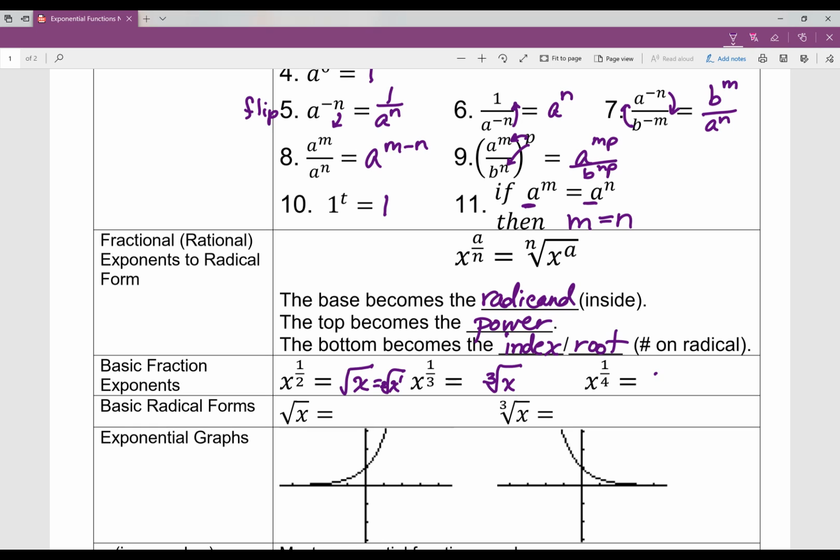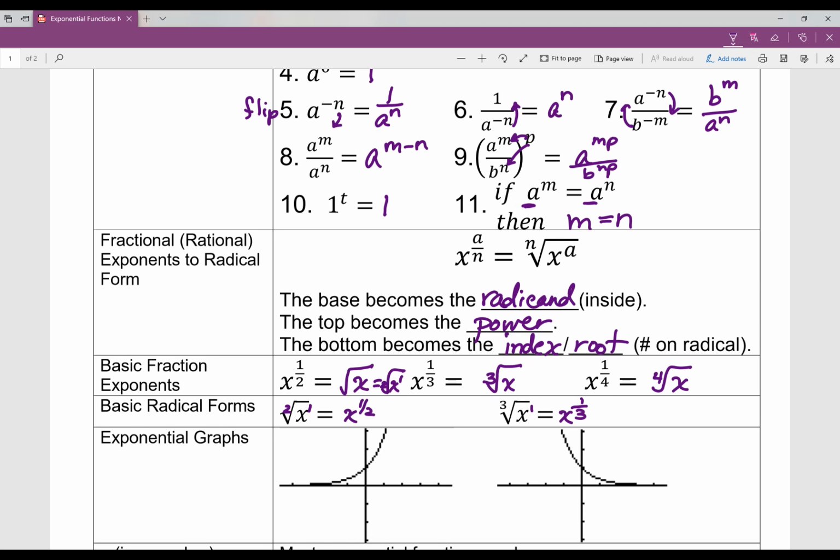And the fourth root of x would be x to the 1/4. So if I had the square root of x, this is understood to be a 2 here. So we could write this as x to the 1/2, and the cubed root of x is x to the 1 over 3. So I could go either way on these.